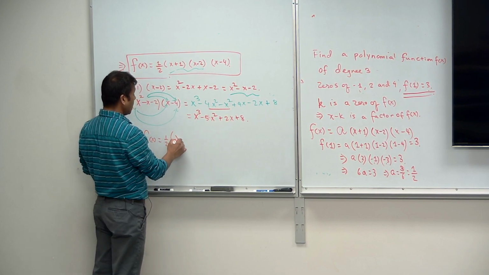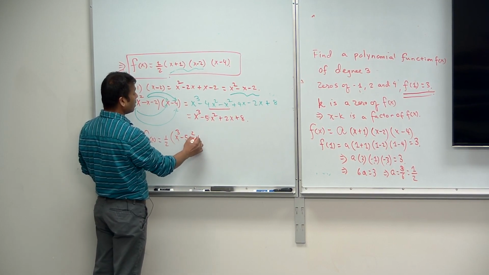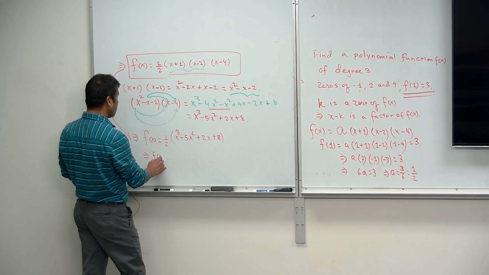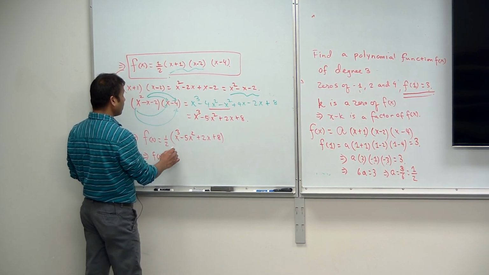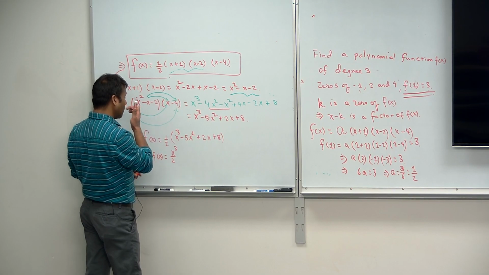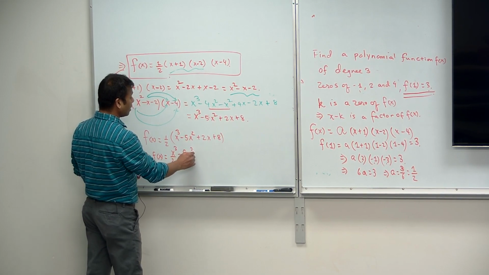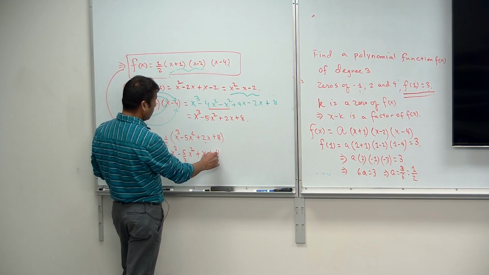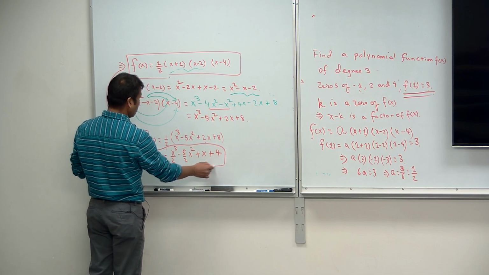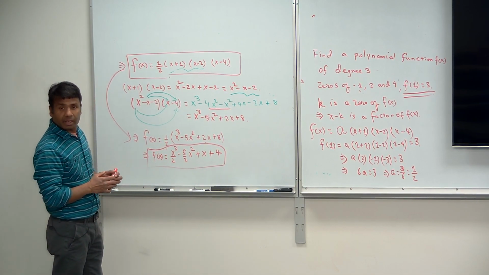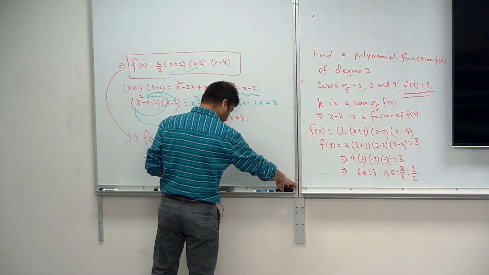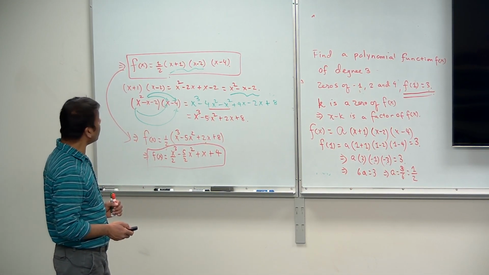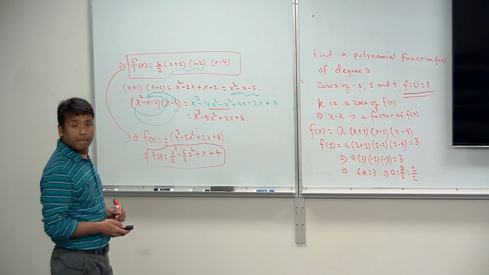So now x cubed minus 5x squared plus 2x plus 8, and you distribute 1 half, okay? So this is 1 half times x cubed, which is x cubed over 2, and this is 5 over 2 x squared, and this is 1 half times 2x is x, and 1 half times 8 is 4. So this is the answer. Make sense? Are you guys with me? Good.